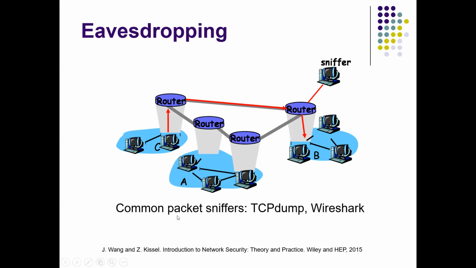Okay, so what you need is a common packet sniffer to find out what the contents of those packets are. For instance, you can use Wireshark, which is a common network packet sniffer. You can also use tcpdump.